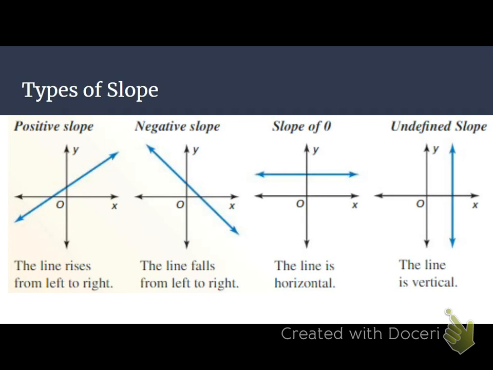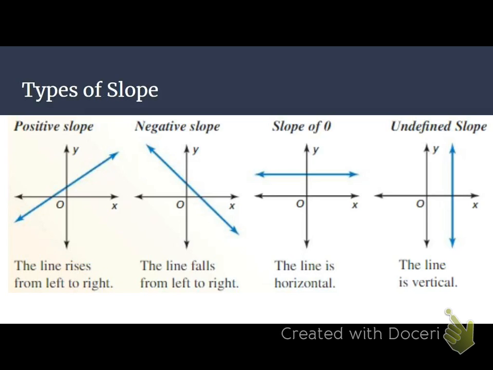These are the 4 types of slope. I would also have these in your notes. Positive, negative, 0, and undefined. The words underneath can be helpful, especially for 0 and undefined.